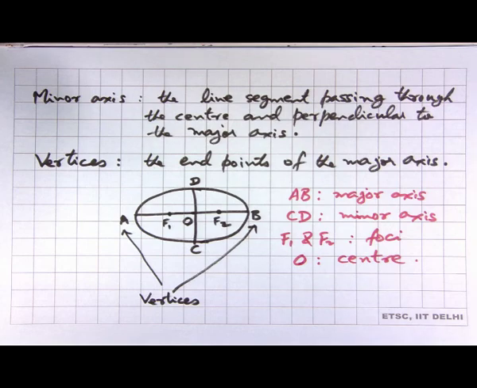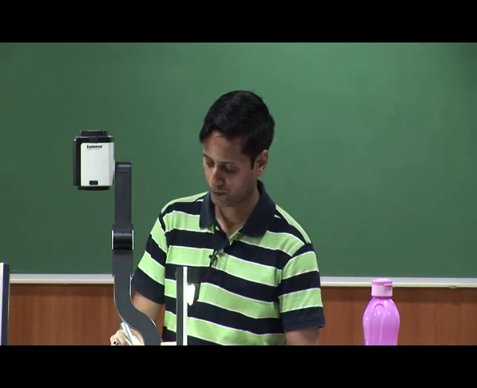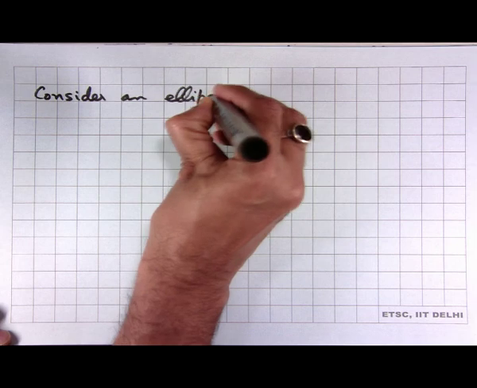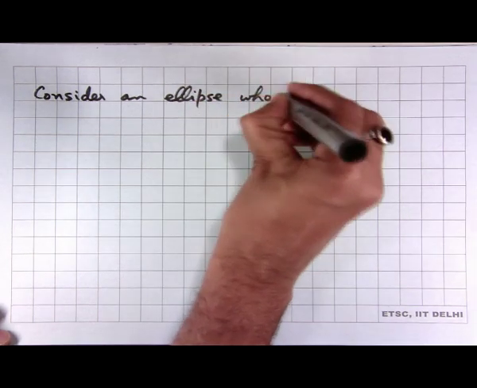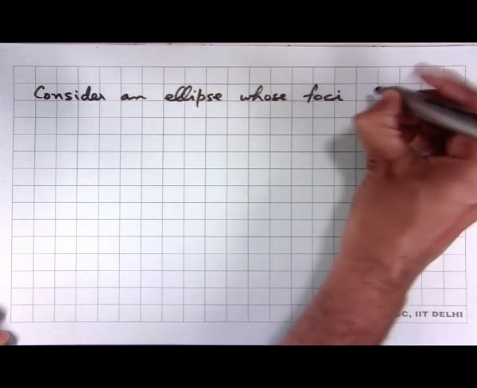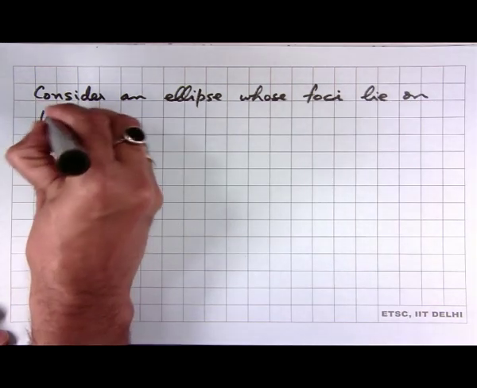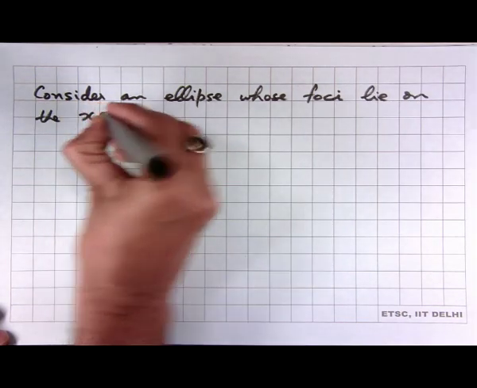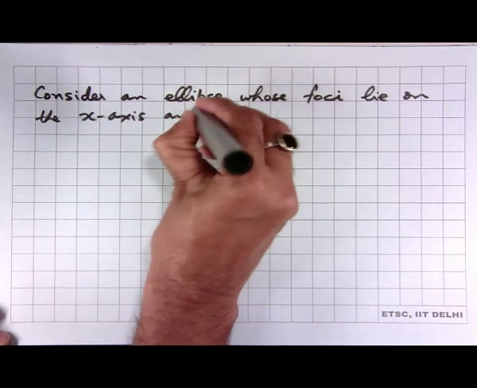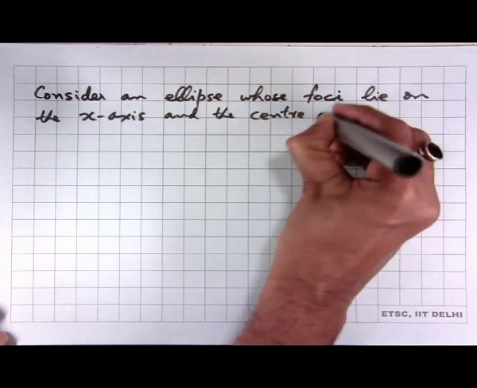Okay. So, now let us consider an ellipse whose foci lie on the x axis, and let us say the center is at the origin.